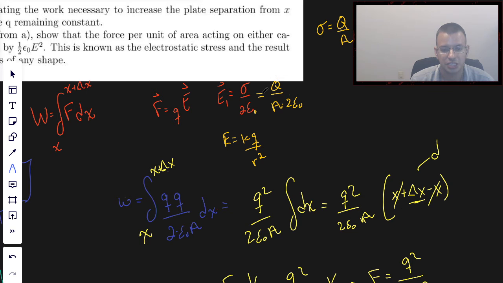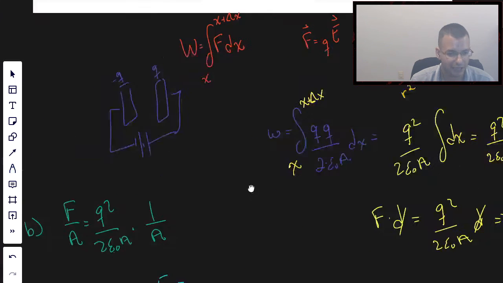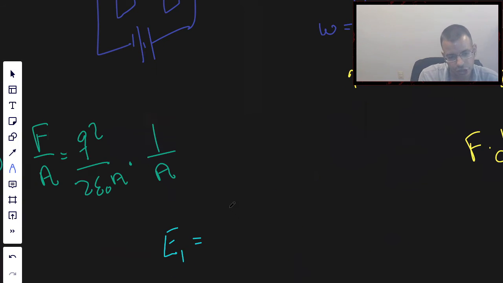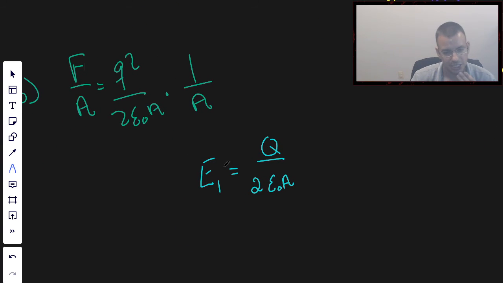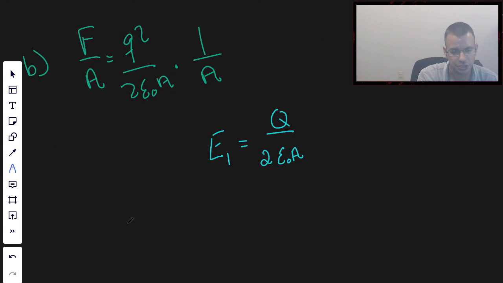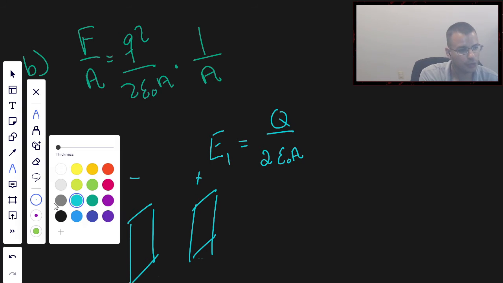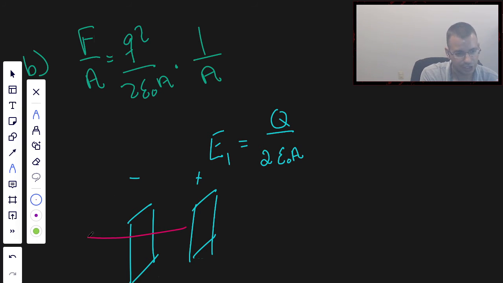I'm going to write that as Q over 2 epsilon naught A. Now the trick here, because it's easy to get confused about that 2 in the bottom: we have 2 plates here, and this one's going to be positive, this one's going to be negative. What this formula says is the positive one is going to create electric field lines going outwards, and that's going to be defined by this equation.